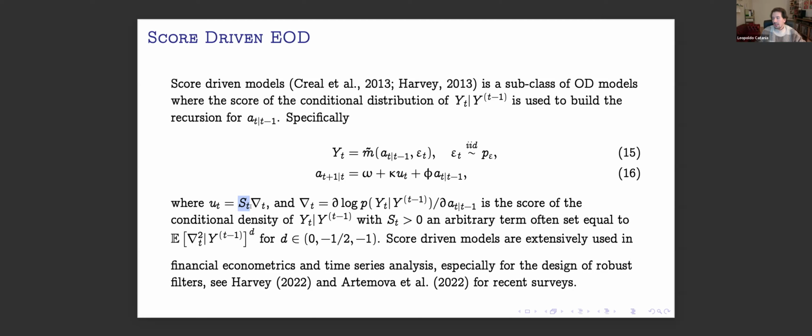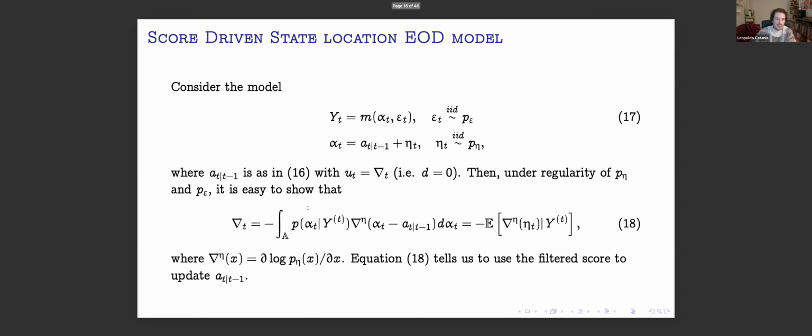So there is no real agreement so far in the literature about how to specify S t. I have an example later where, after putting an observation-driven model of this kind in an extended observation-driven specification, we might have some guidance about how to choose S t. I will comment on this later.